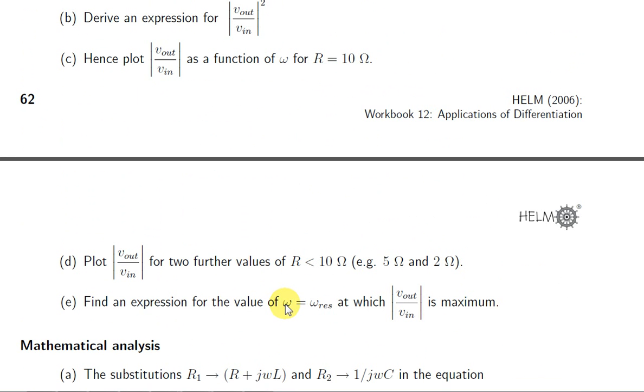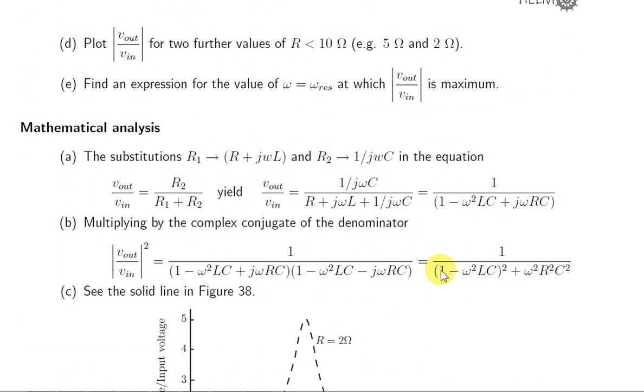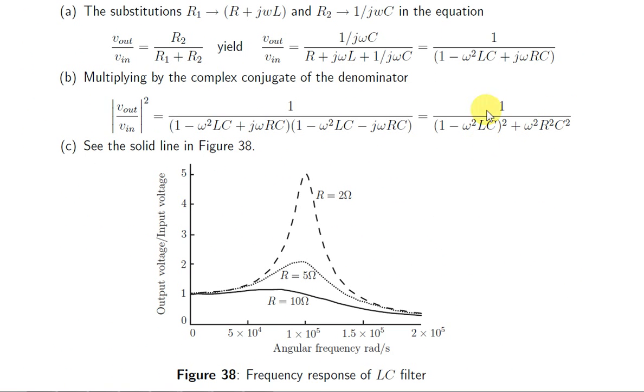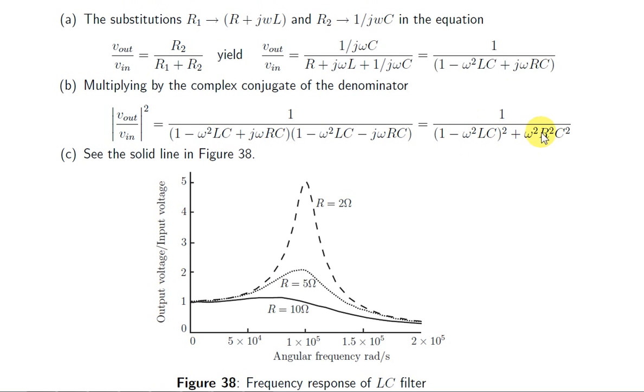Now we're interested in the value of omega which maximizes the magnitude of V out over V in. This expression is maximized when the denominator is minimized. Omega squared R squared C squared is not quite a constant, since omega appears in it, but as R approaches 0, this term drops out.